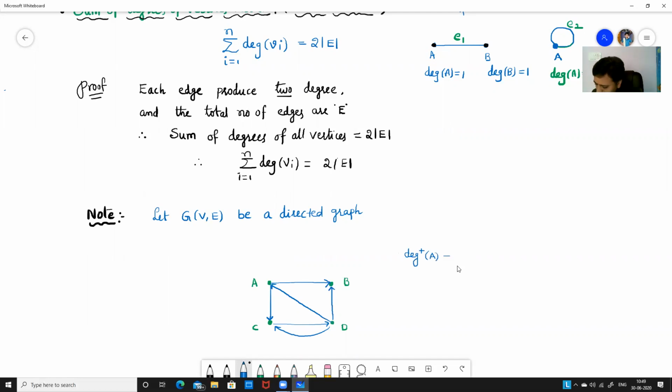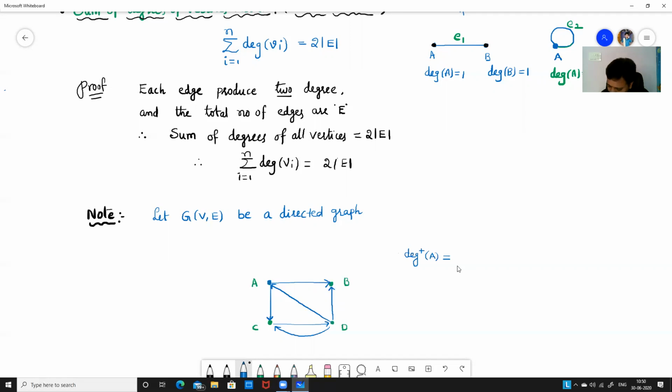How many edges are incident to that vertex is called the in degree of that vertex. For example, if I consider A, how many edges are incident to that vertex? Clearly only one edge.